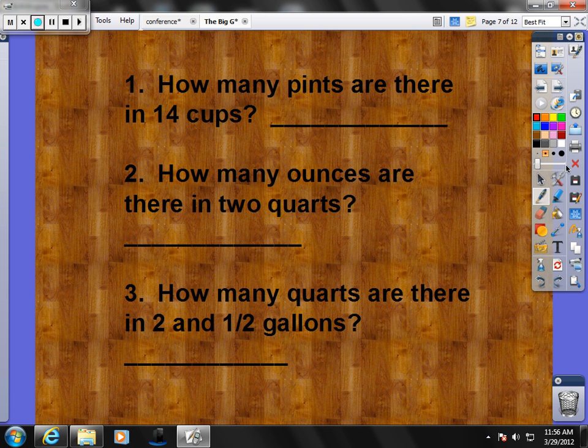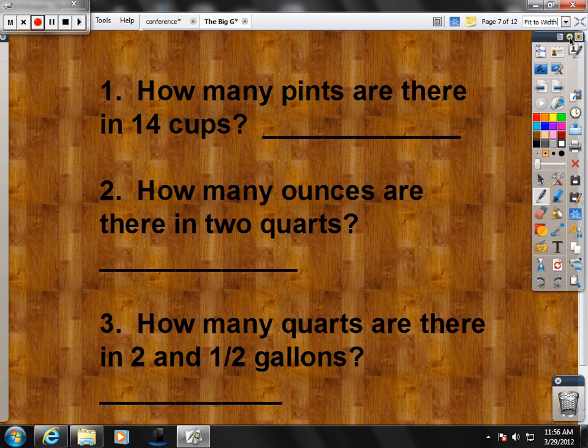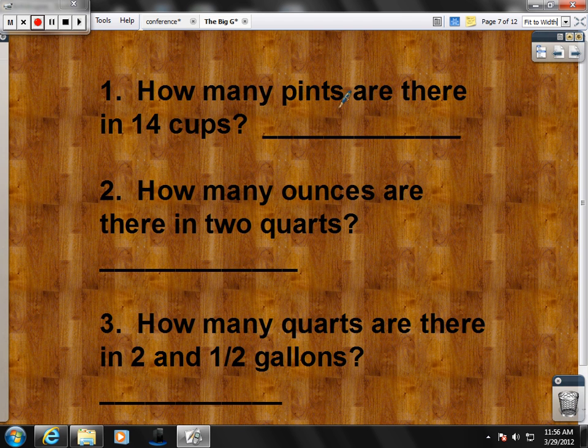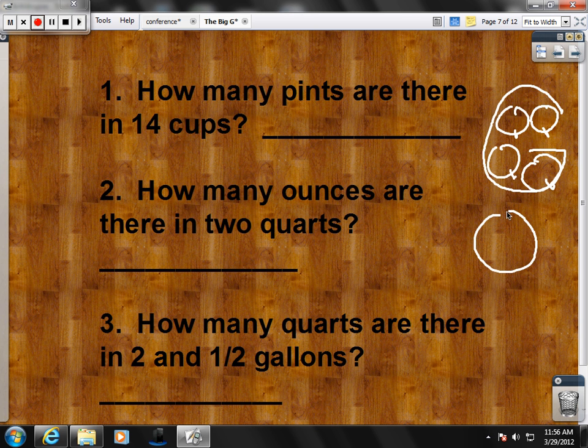If I have a problem that might look like this, and let me make it a little bit bigger for y'all. How many pints are there in 14 cups? Well, what I would do is I would make my G, and inside my G I know there are 4 Q's. And if I were doing this on a test, I might say, okay, well, inside each one of those Q's now, there are 2 P's. The question was, how many pints are there in 14 cups?